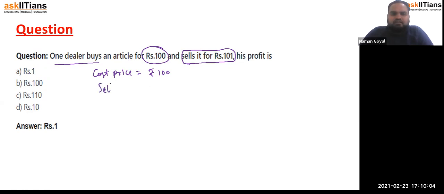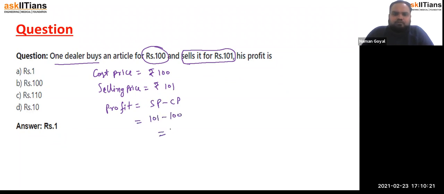So selling price is rupees 101. As we know profit is nothing but SP minus CP, so it will be 101 minus 100, only 1 rupee.